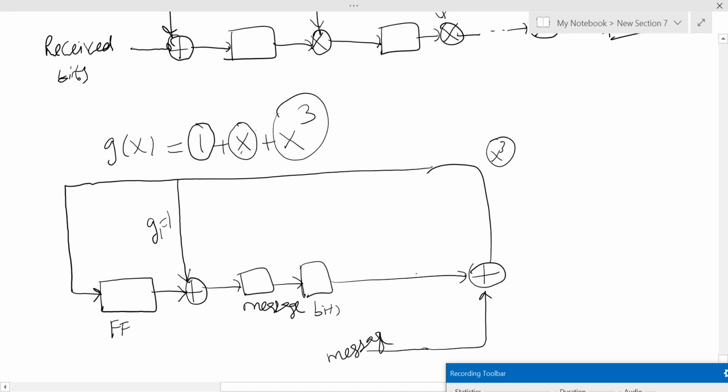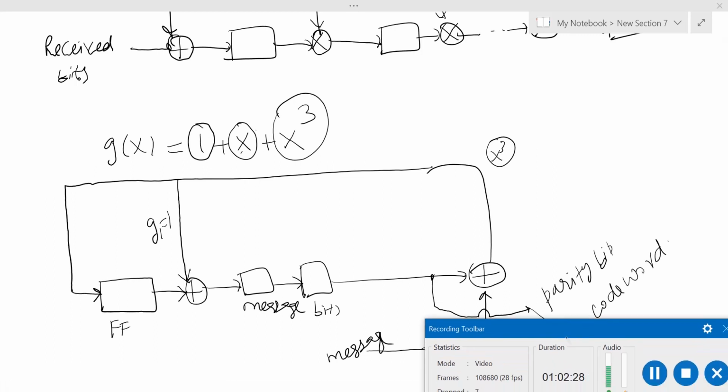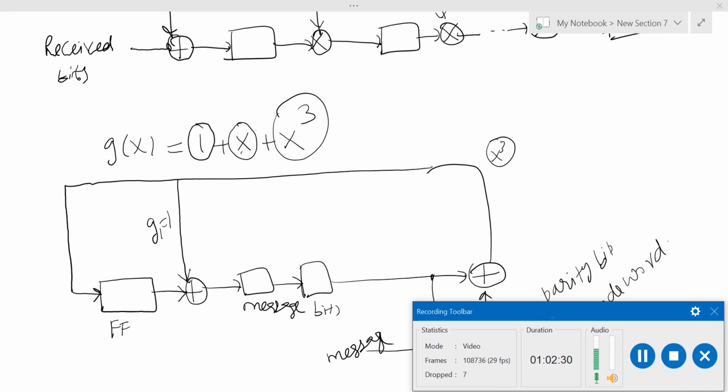The output here after shifting all the message bits will be the parity bits, and the concatenation of parity and message bits will give us the code word. This is how we can put the gate here.